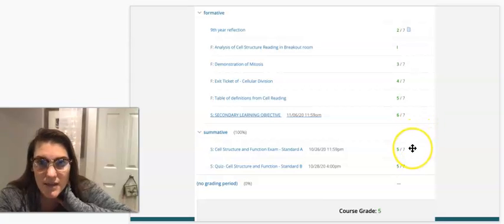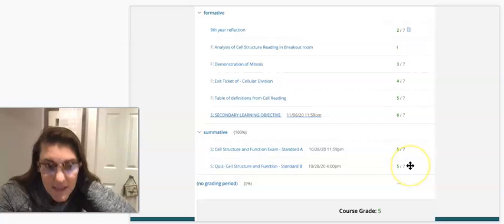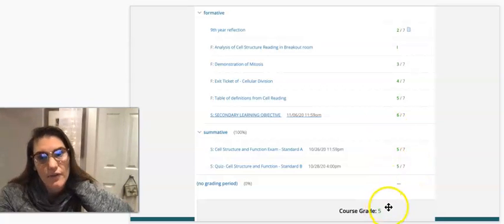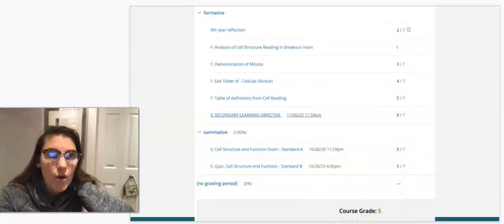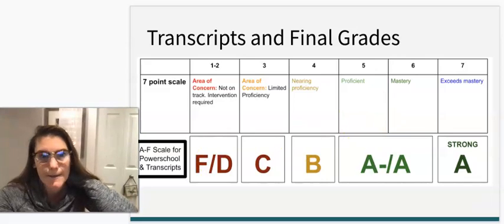So the summative works, he received 2 5s on his demonstration of learning for a total course grade of 5, which correlates to an A-, which is proficient, doing great.